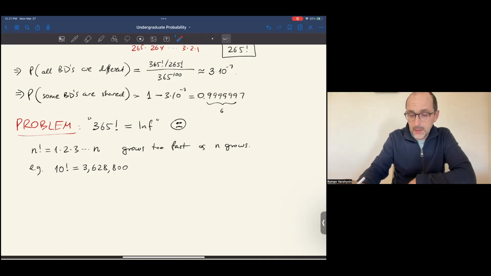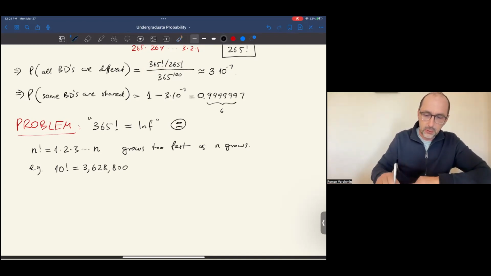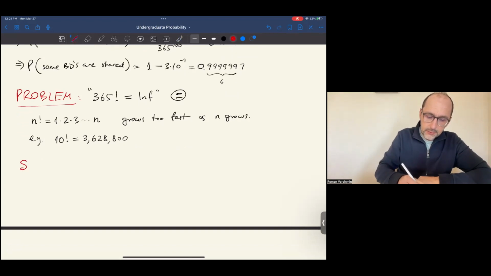And here we come to a very, very useful approximation to a factorial that people like and use all the time. This is called Stirling's formula, or Stirling's approximation.